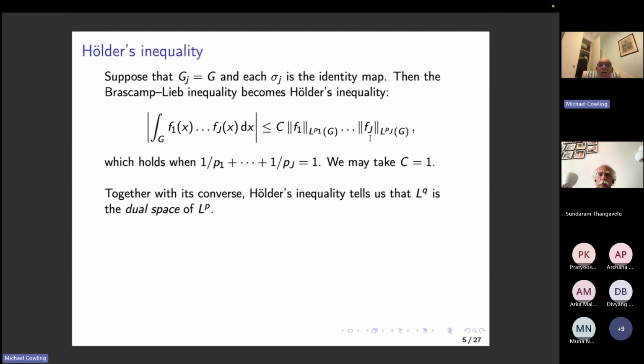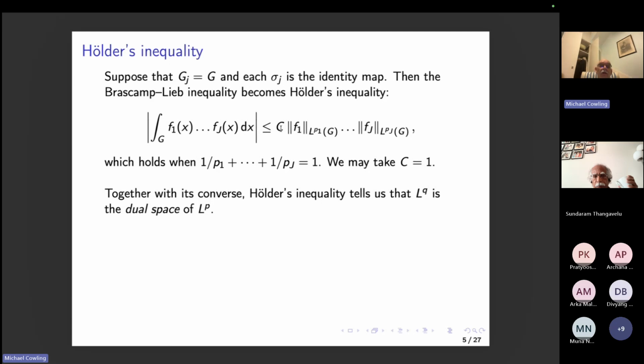And this is basically Hölder's inequality, and this holds when 1 over p1 plus 1 over p2 plus the sum of all the reciprocals, 1 over pj, is equal to 1.